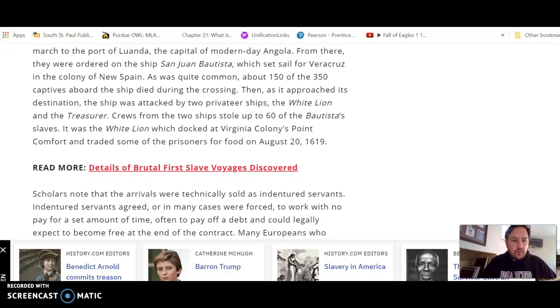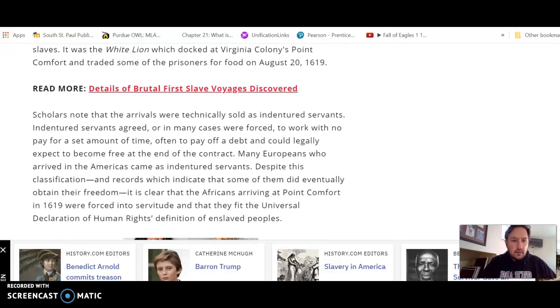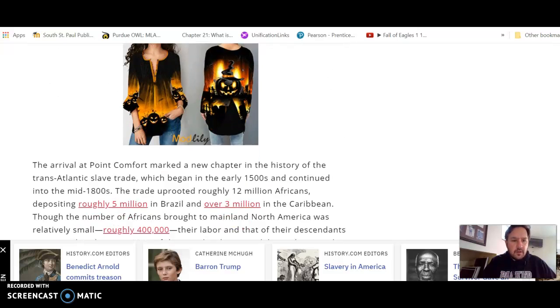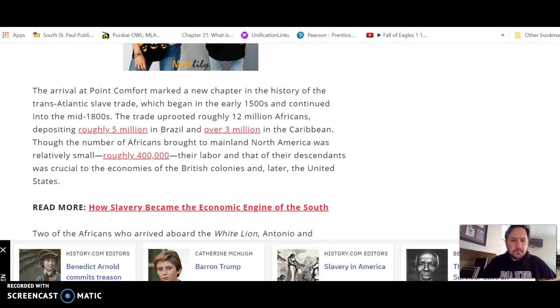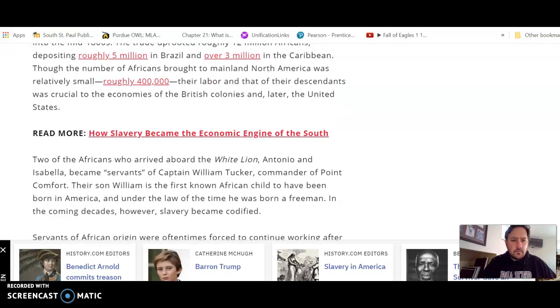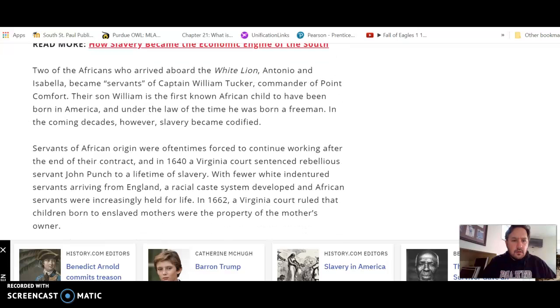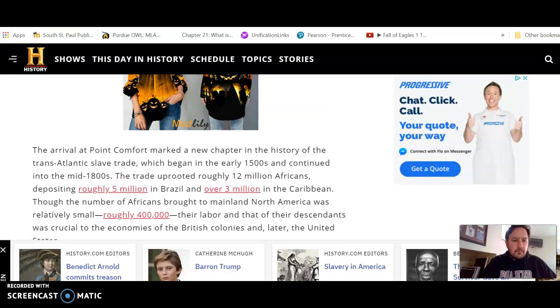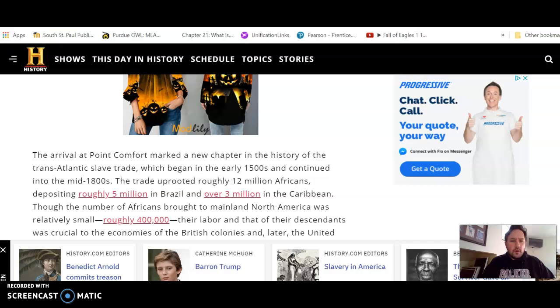Let me just read this part of the article. Here it is. The arrival at Point Comfort marked a new chapter in the history of the transatlantic slave trade, which began in the early 1500s and continued into the mid-1800s.